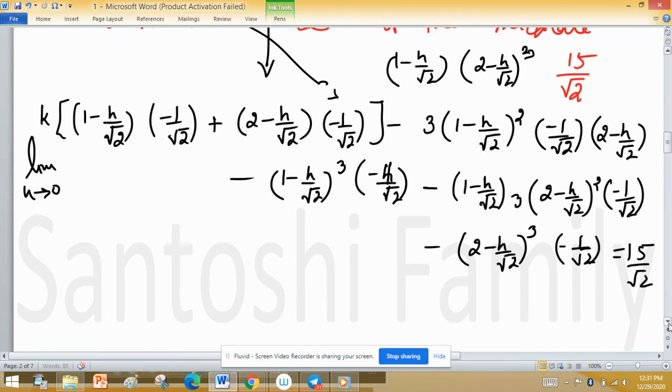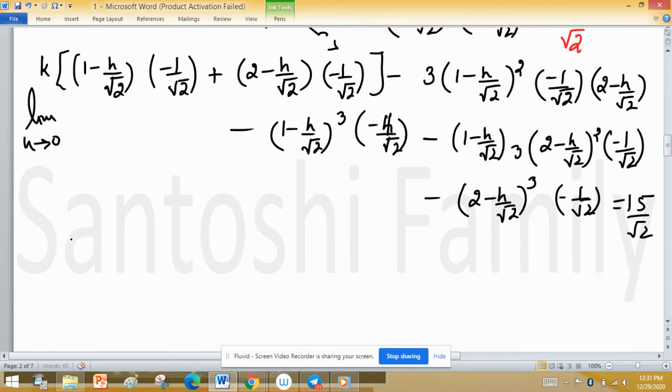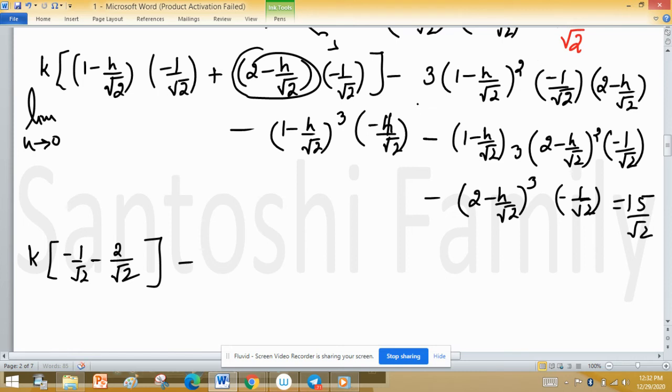Now take the limit h tends to 0. It will be k times the first square bracket, which will be minus 1 upon root 2 and minus 2 upon root 2. Here this is 2 and this is multiplied by minus 1 upon root 2. So this is my first square bracket. Now apply the limit concept here.